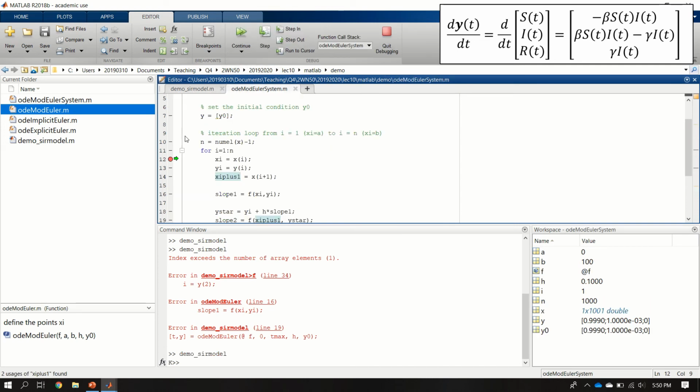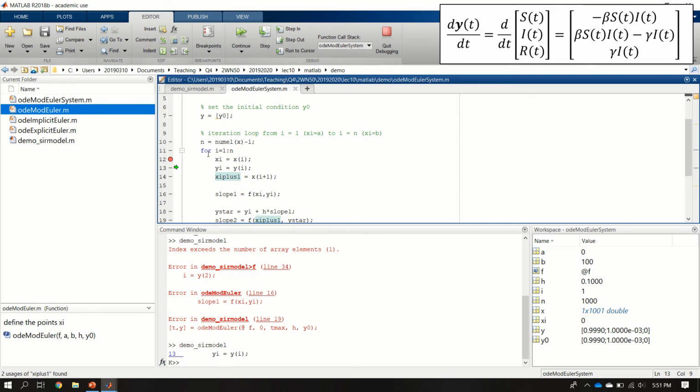Okay, let me run it now. And we see that indeed the MATLAB engine has stopped at this line of the ODE mod Euler system file. So this xi, that's the time at the first time point, which is 0 indeed.